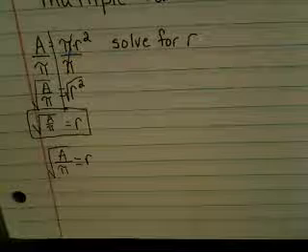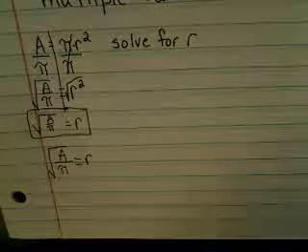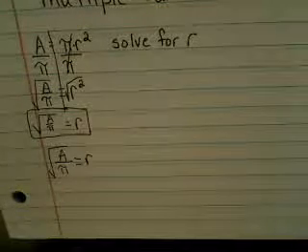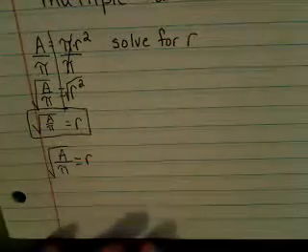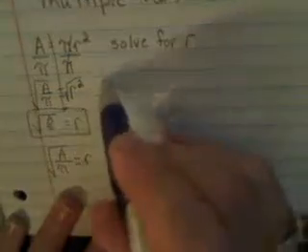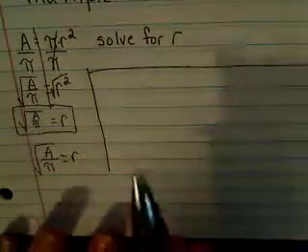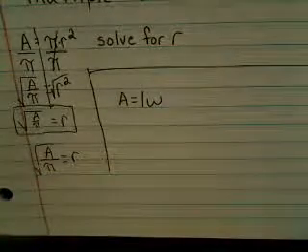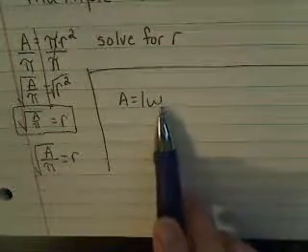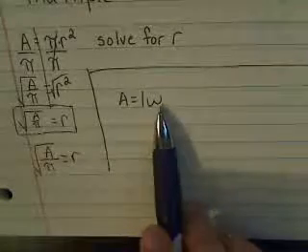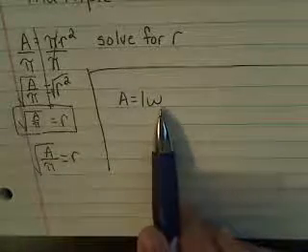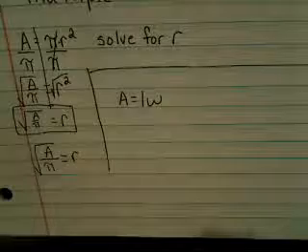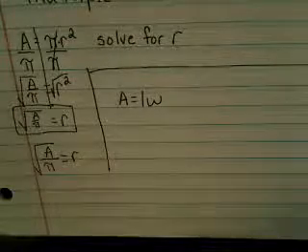Now that's a harder example. So now we're going to do some of the examples in the paper just so you can see how they can be easier. Okay, so let's look at A equals LW, and it says we're going to solve for W. So I want to get W by itself. This is L times W. The inverse of multiplication would be to divide.